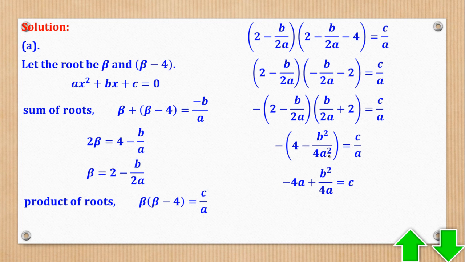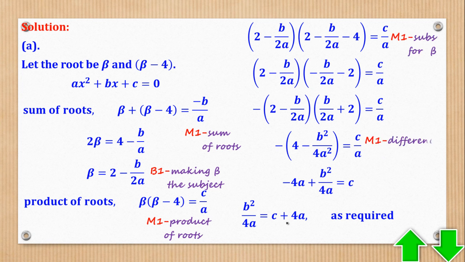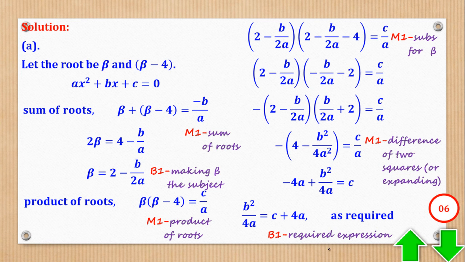Then open brackets and multiply throughout by a. So I have chosen to multiply a throughout. Then rearrange, make this the subject, you come up with what they wanted. So that was part A.